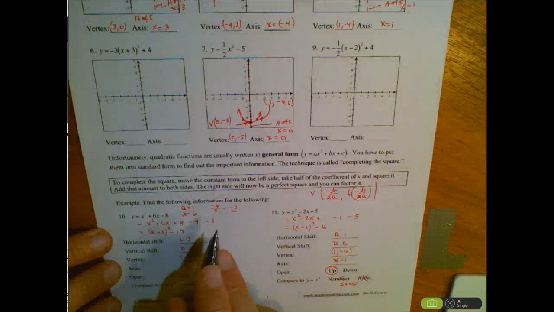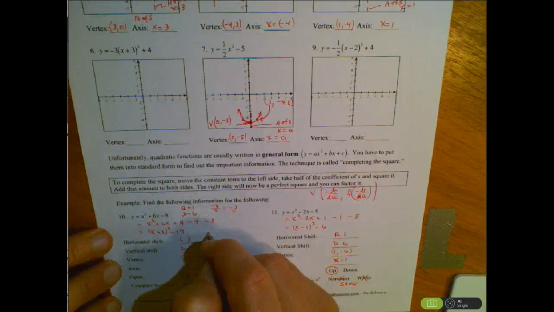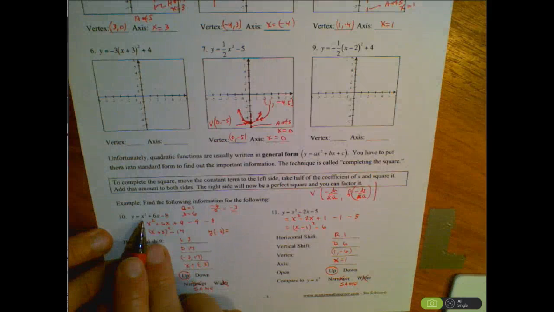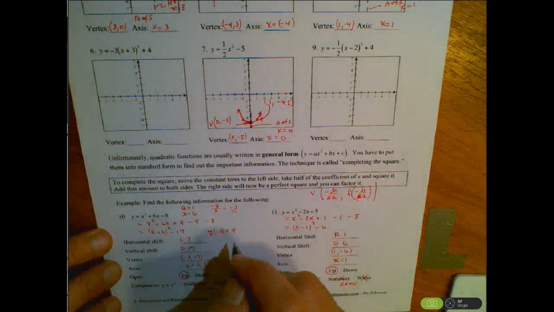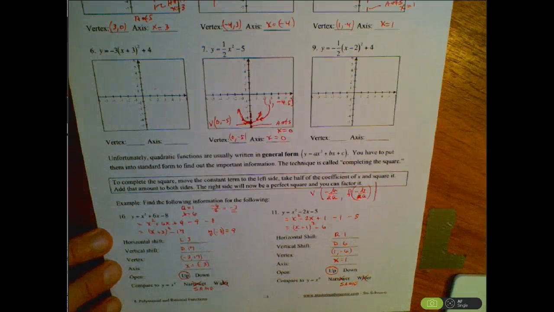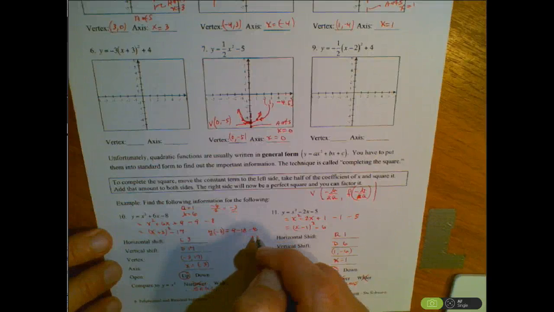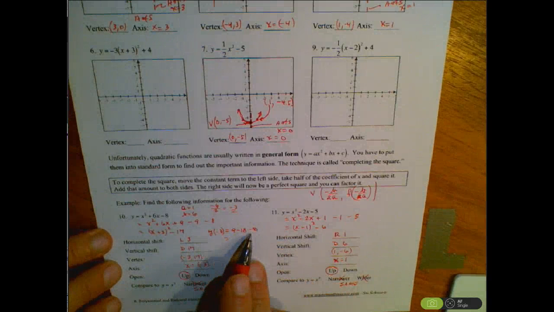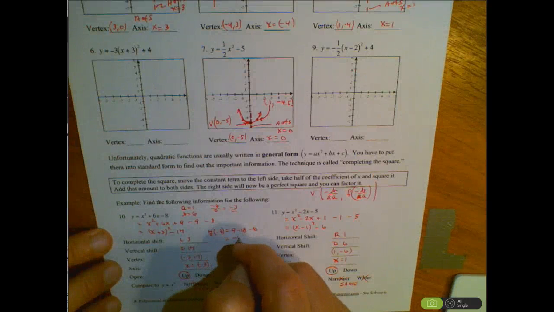Then if we take negative 3, we're just going to put it in. What is y when we put in negative 3? Negative 3 squared is 9. Negative 3 times 6 is negative 18, minus 8. If we combine these numbers together, 9 minus 18 is negative 9, minus 8 is negative 17.